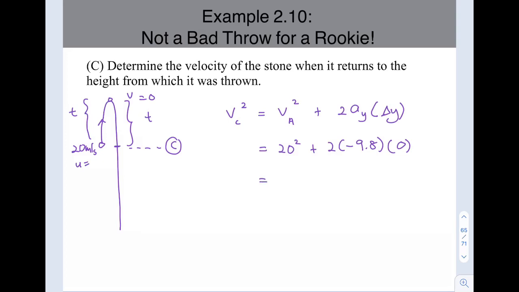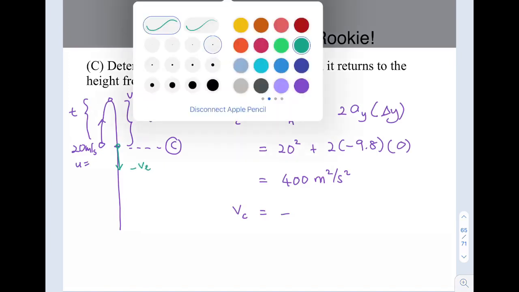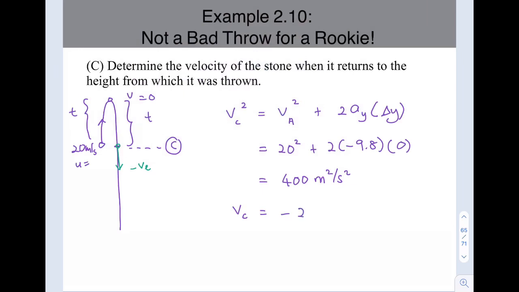You're going to have 400 meter squared per second squared. If you want V only, you're going to have negative 20 meters per second. Why is it negative? Because of moving downward, so negative direction.